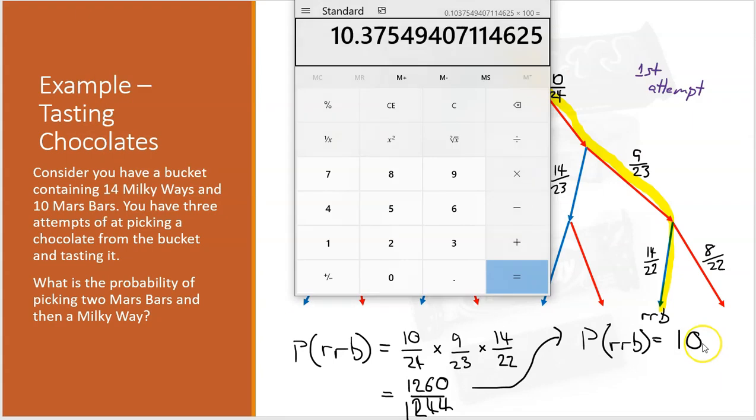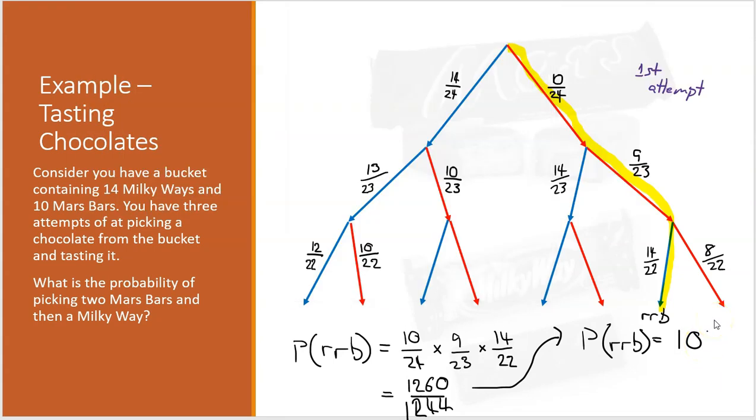That's a 10.38% chance of grabbing a Mars bar, then a Mars bar, followed by a Milky Way. So notice that when we sample without replacement, the probability calculation changes as we move further down the tree.